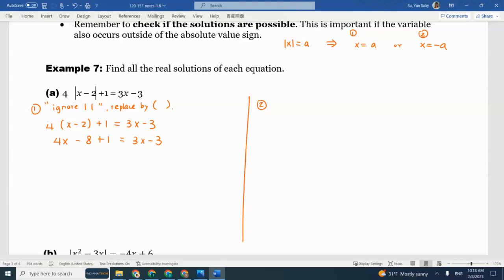Right? Combine the like terms. What is negative 8 plus 1? Yeah, negative 7. And let's combine them. How do you combine the x? What do you do to it? Yeah, subtract 3x on both sides. And what's your left hand side? x. What do you do to the constant?